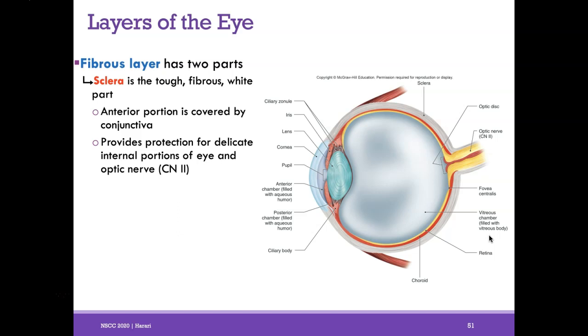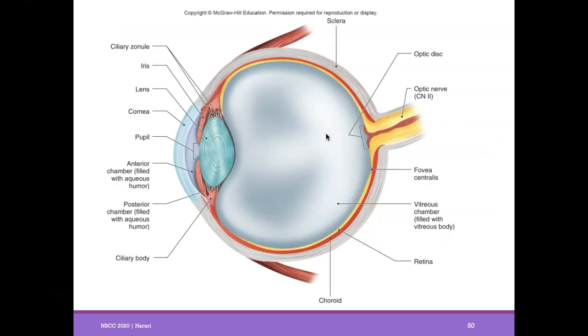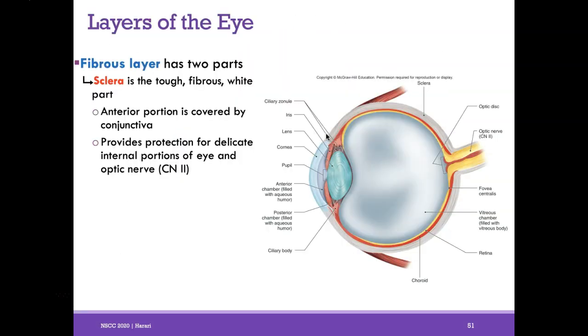The other portion is called the cornea. But before I talk about the cornea, I'm going to talk about the purpose of the sclera. The sclera is the major protective organ of the eye. If you get something like a stone in your eye, you're not going to rupture your eye.